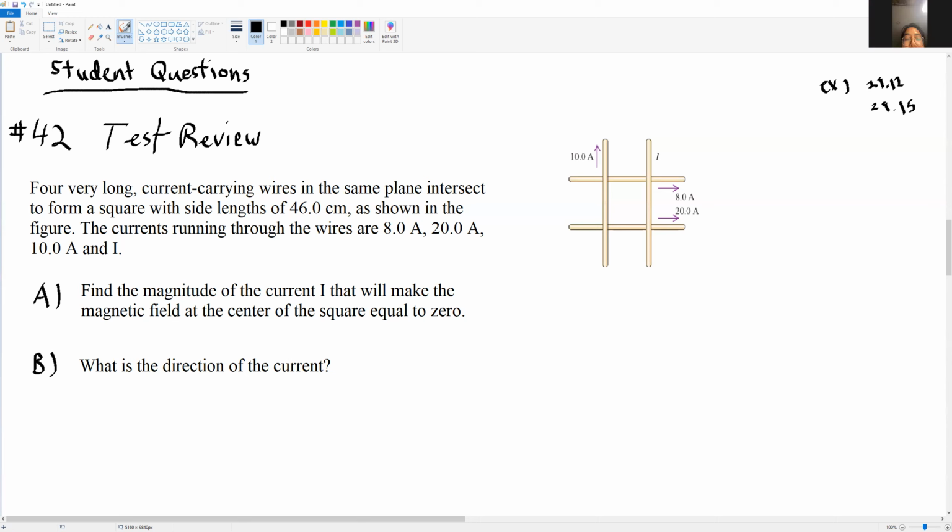That'd be mu naught I over 2 pi r. Yes. If I asked you how to get that formula, what would you do? Do the law of Biot-Savart. Biot-Savart, that would be quite challenging.